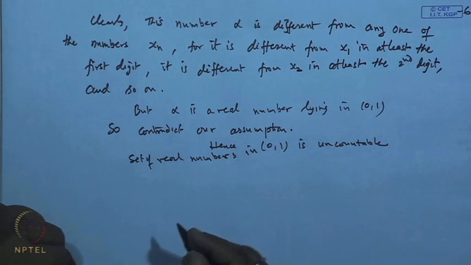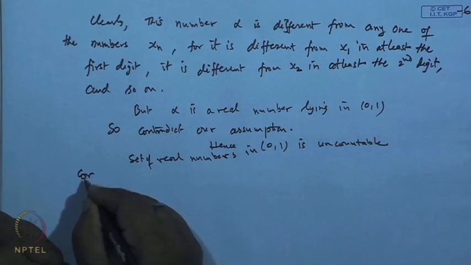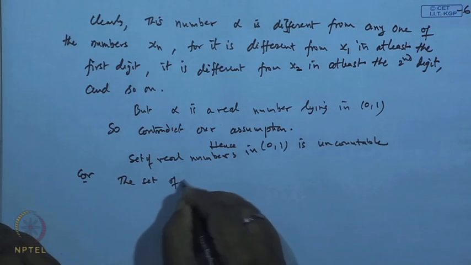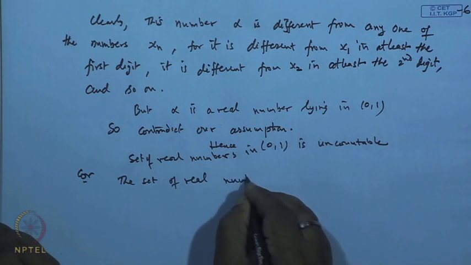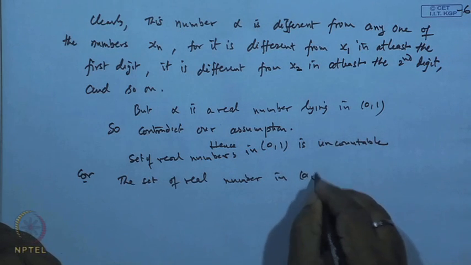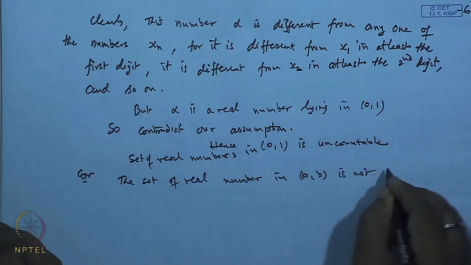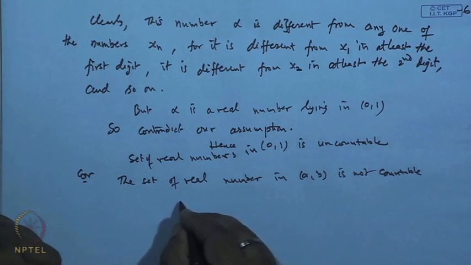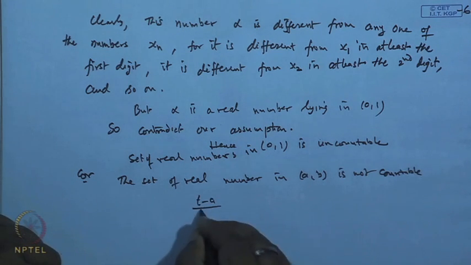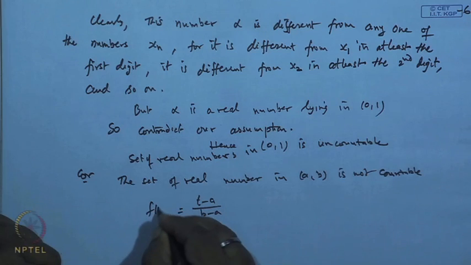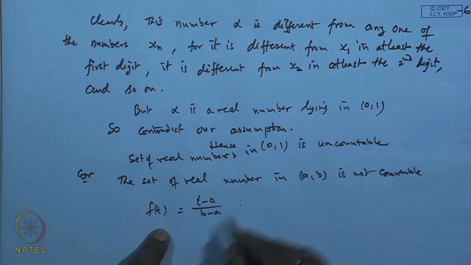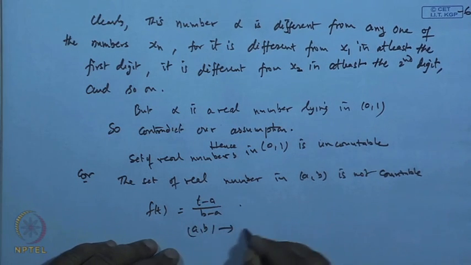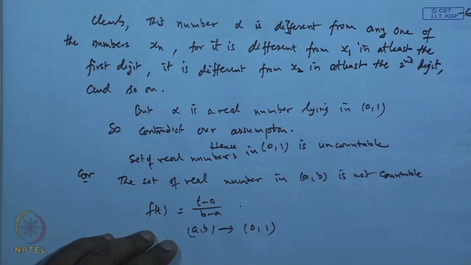Now, if we take any interval (a, b), the set of real numbers in any interval (a, b) is not countable, because if I make the function f(t) = (t - a)/(b - a), then this mapping will transfer the interval (a, b) into the interval (0, 1).